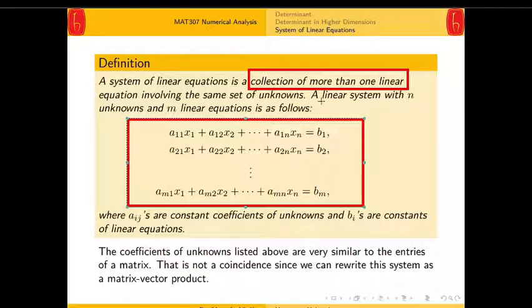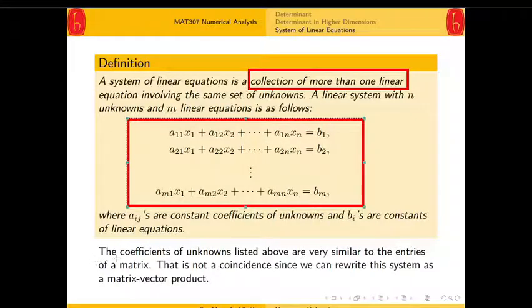A linear system with n unknowns and m linear equations is given like in the rectangle here. Here we have the aij's, which are the constant coefficients of unknowns, and the bj's are the constants of the linear equations.